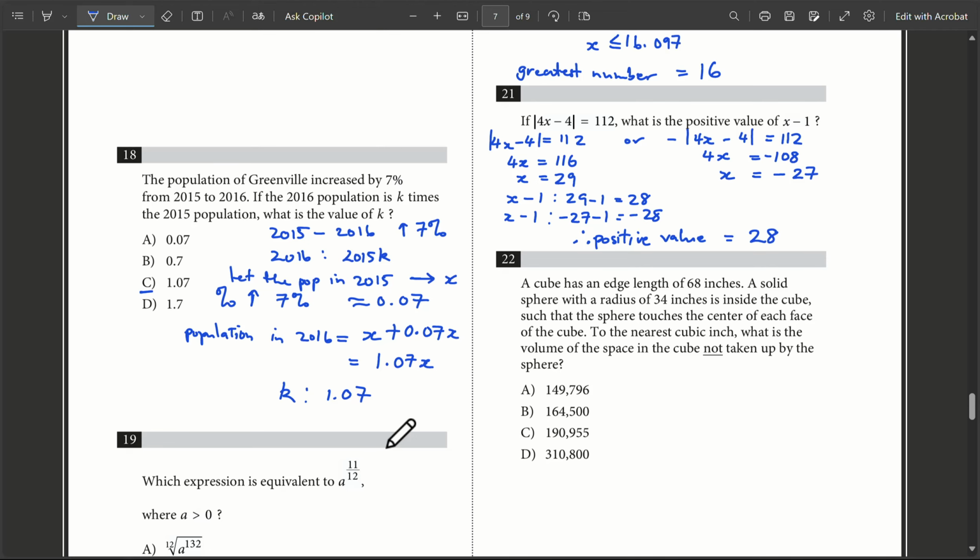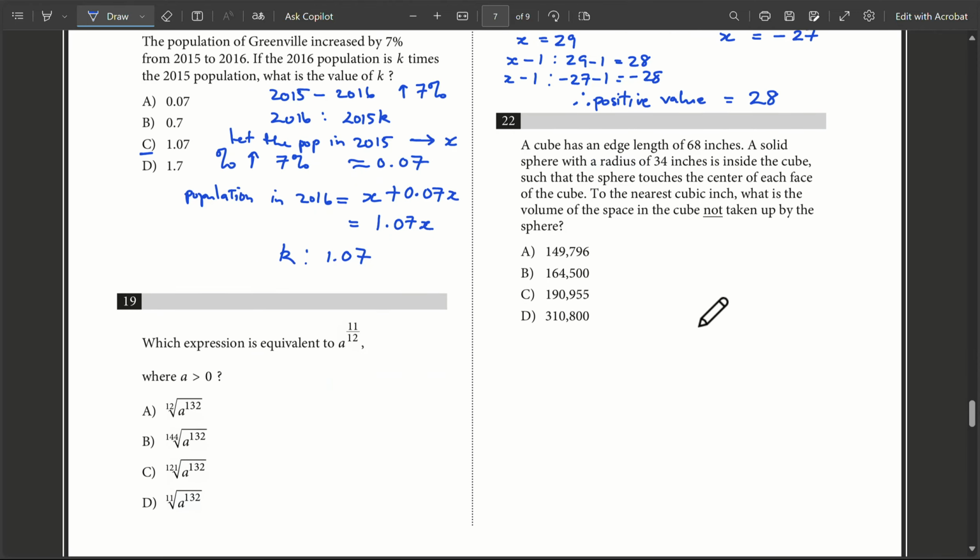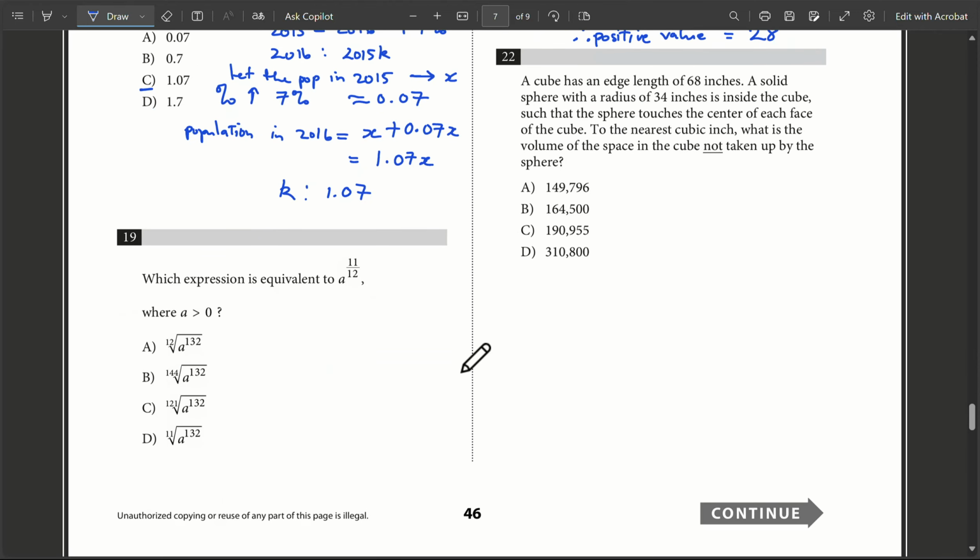Okay. Number 22, a cube has an edge length of 68 inches. A solid sphere with a radius of 34 inches is inside the cube, such that the sphere touches the center of each face of the cube. To the nearest cubic inch, what is the volume of the space in the cube not taken up by the sphere?